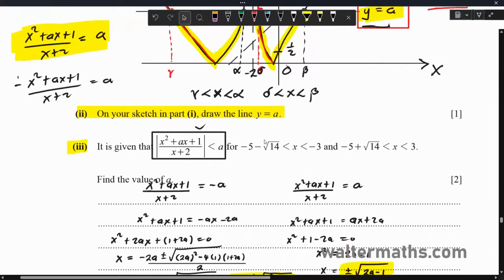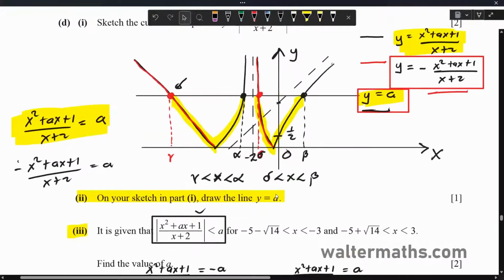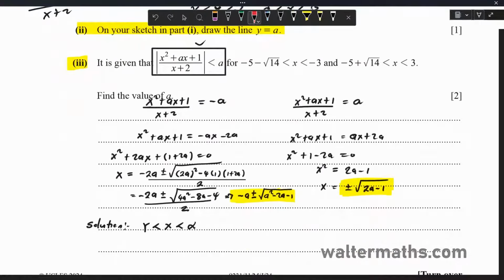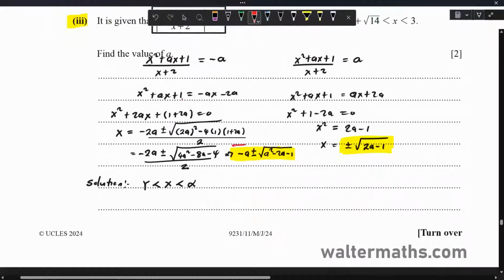What is gamma and alpha? Gamma is the red solution. The red solutions are the ones where they intersect with the reflected graph. So these are the red solutions.